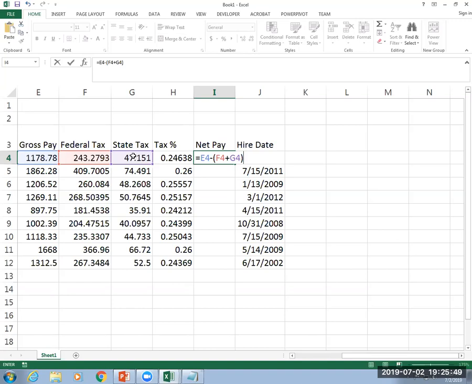It's going to be the same answer. E4 minus the quantity of F4 plus G4 is the same thing as E4 minus F4 minus G4. Those mean the same thing. And we got, in this case, 888.